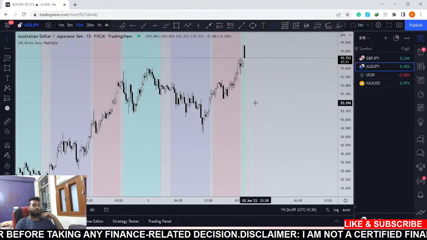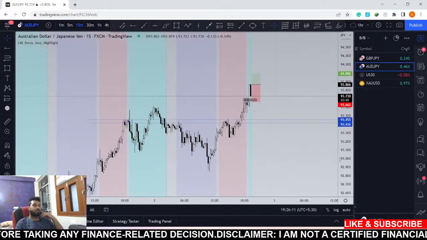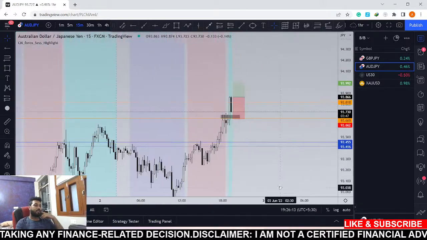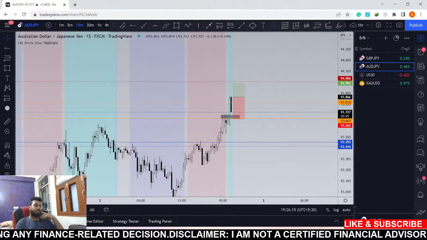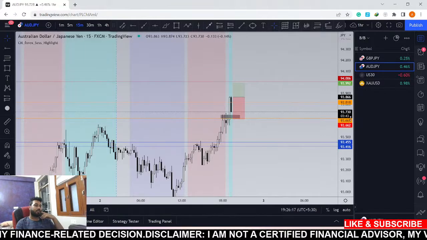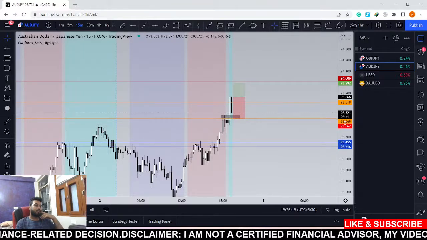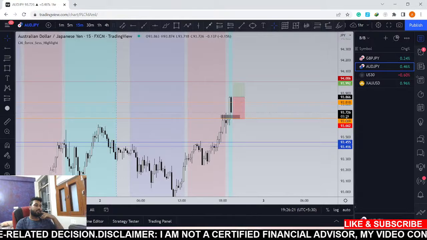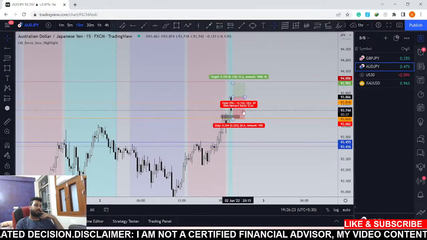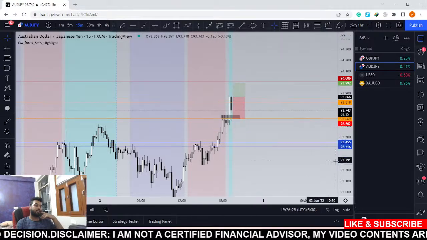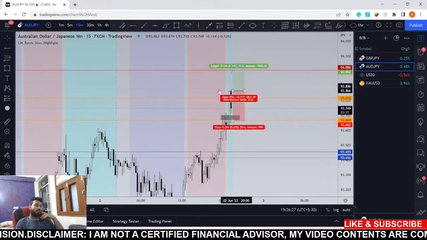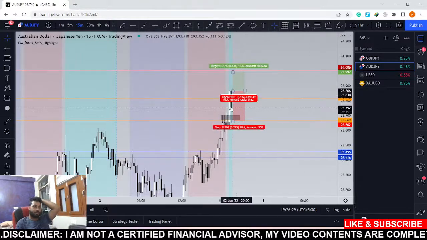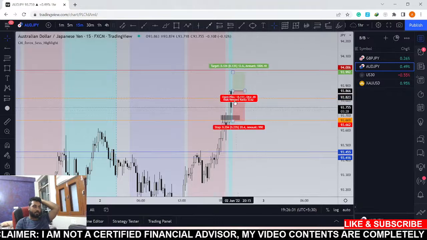AJ is falling. Anybody in this trade? So wait for the next 3 minutes, and after 3 minutes, just exit from this entry. I did not take this trade because I am already profitable in the other two trades.